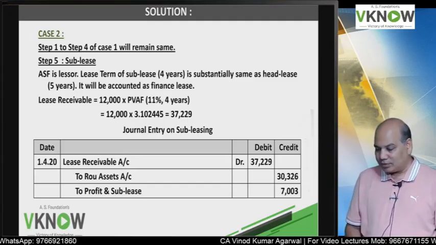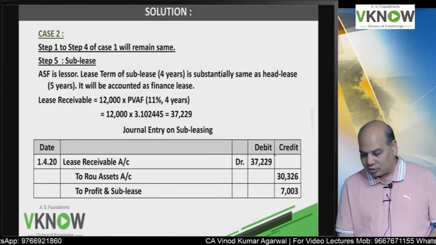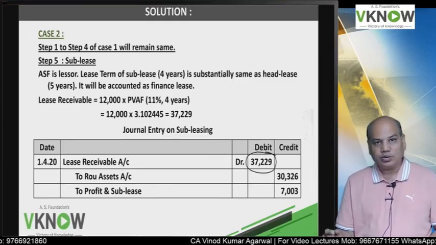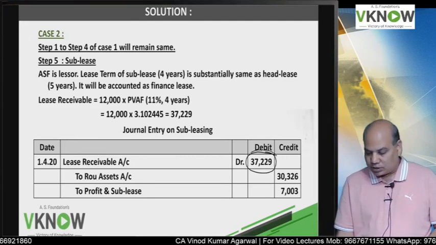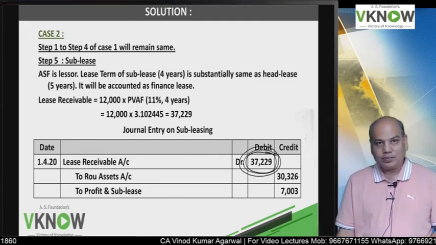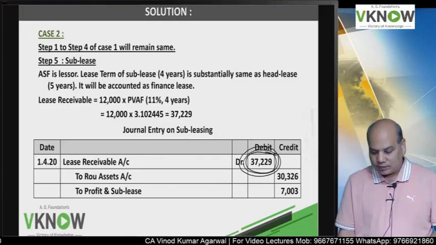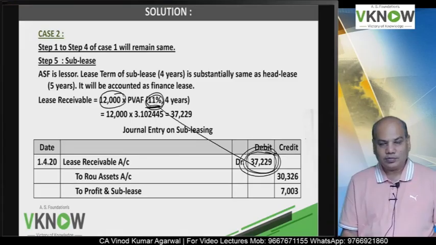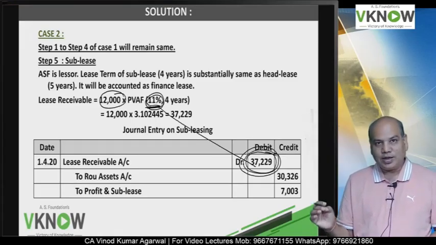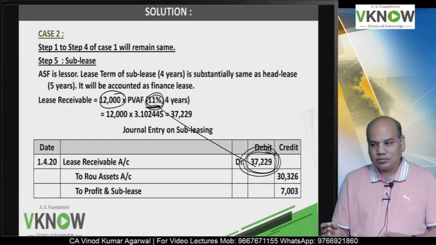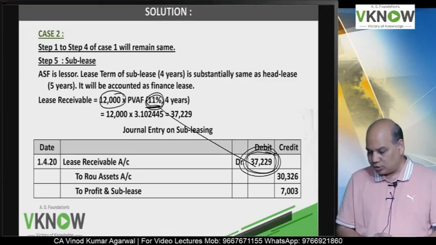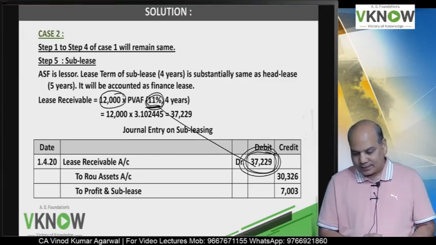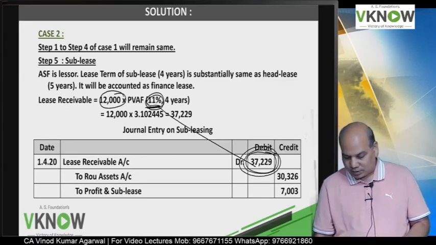Okay. Now we are going to record entries on 31st March 2021. On this 37,229, we are going to receive interest at the rate of 11%. We are going to receive a total of 12,000. So 12,000 minus finance income will go towards reducing the lease receivable.